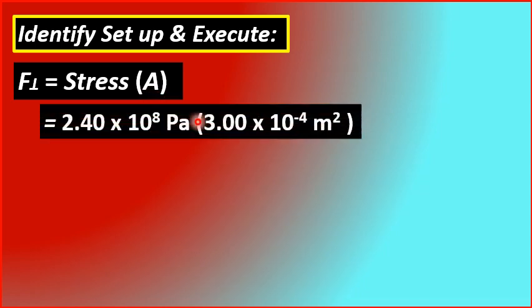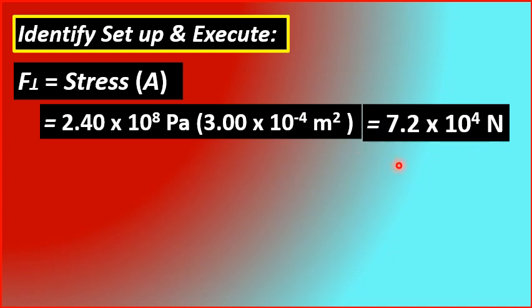And the amount of stress that we're going to consider here is the elastic limit mentioned in the problem, equal to 2.40 times 10 to the 8th power Pascal. Multiplying that by the cross-sectional area, already in meters squared, 3.00 times 10 to the negative 4th meters squared, we will get the amount of this force or tension of the cable equal to 7.2 times 10 to the 4th power newtons.